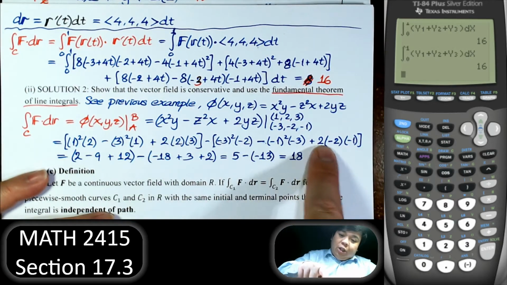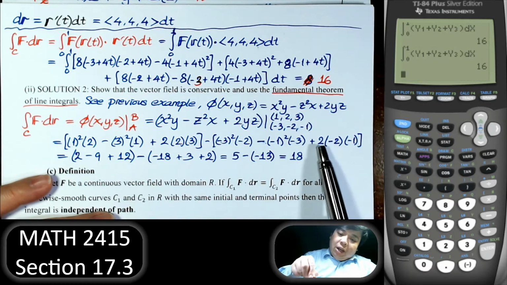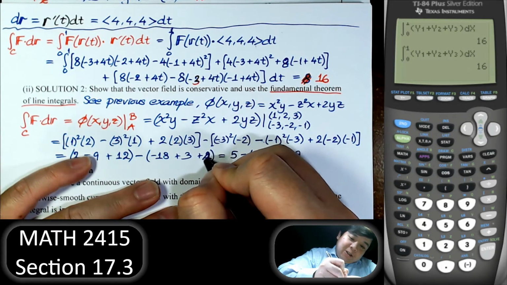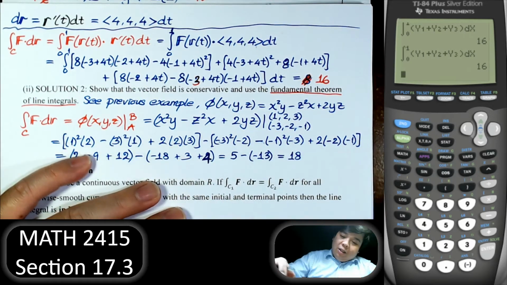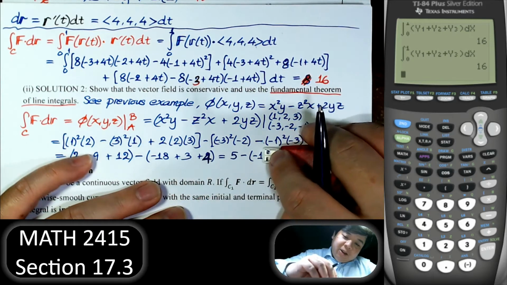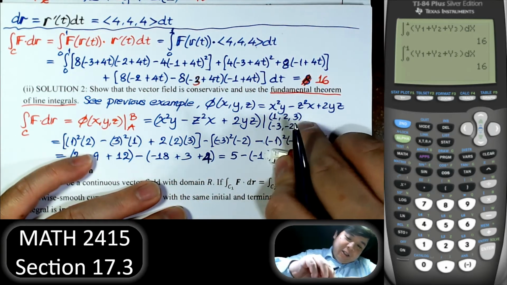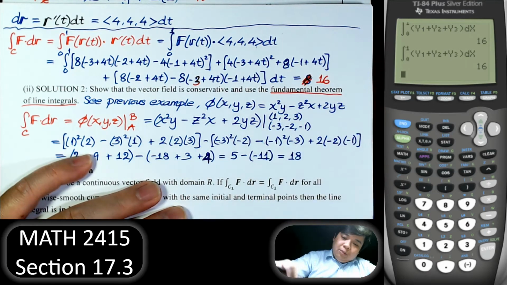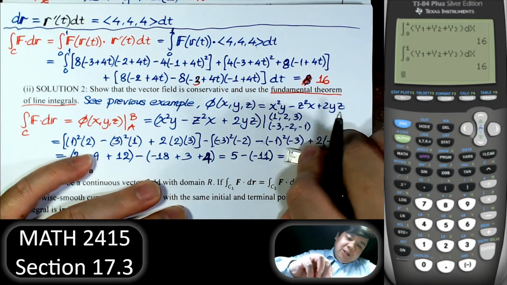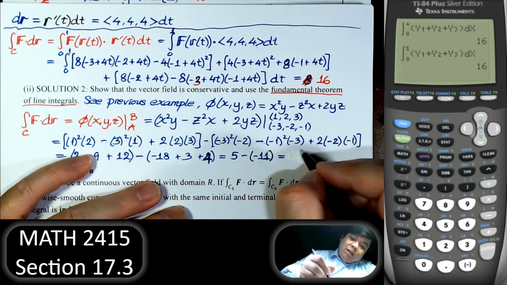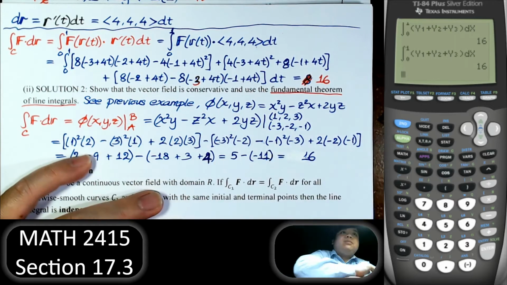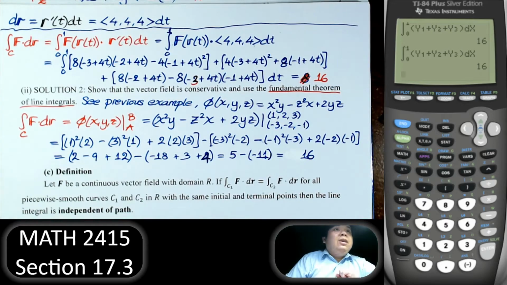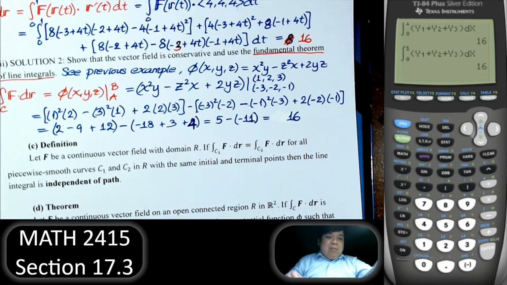And when we do this, 2 times negative 2, so that is plus 4. So negative 18 plus 7, so that's negative 11. And the answer is also 16. Right. Yeah. Sorry about that. Just a bit tedious here.